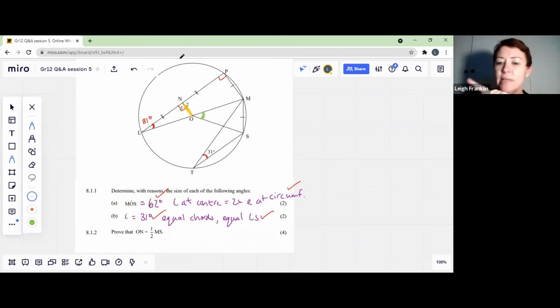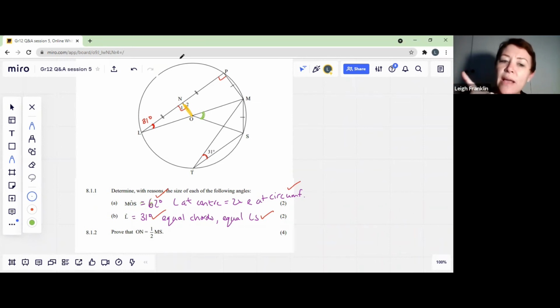Okay, so here's a little hint for you, matrix. Ah, there we go, Swelihle. Well done, midpoint. Absolutely, because N is the midpoint of LP. Also, O is the center of the circle.